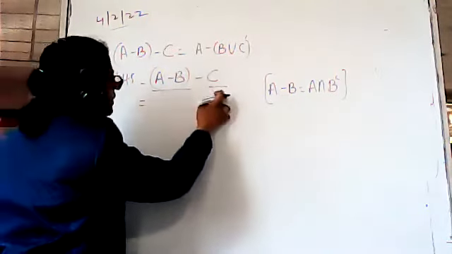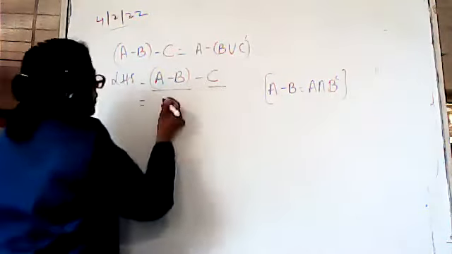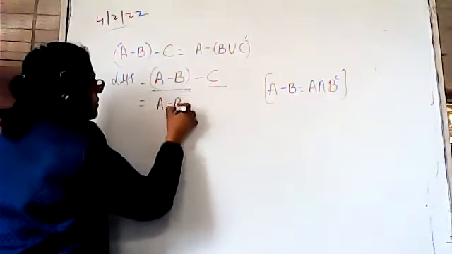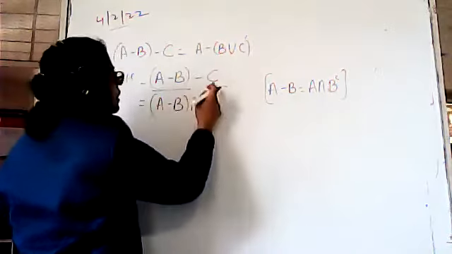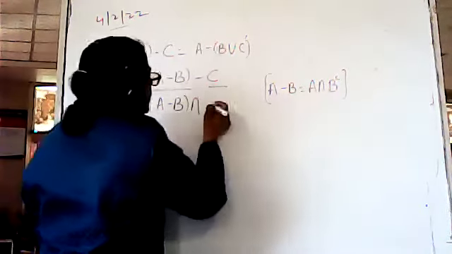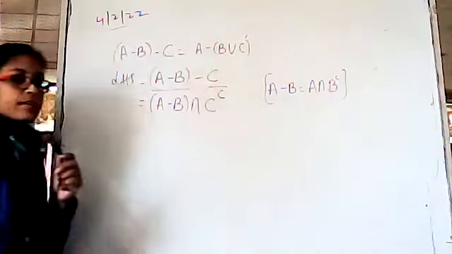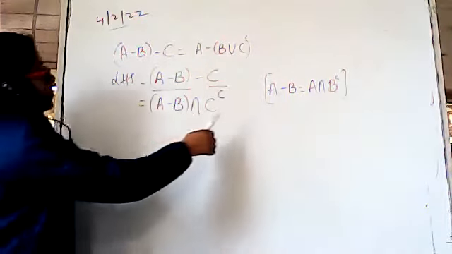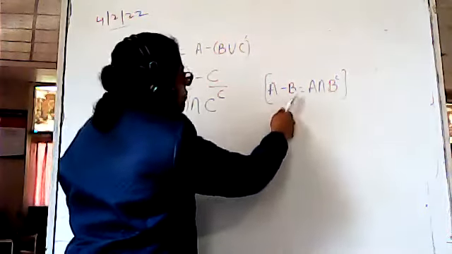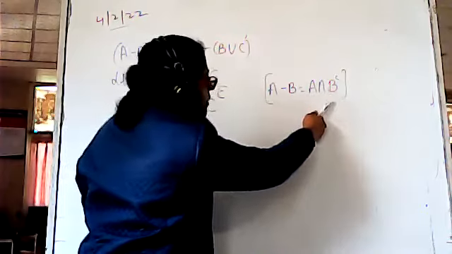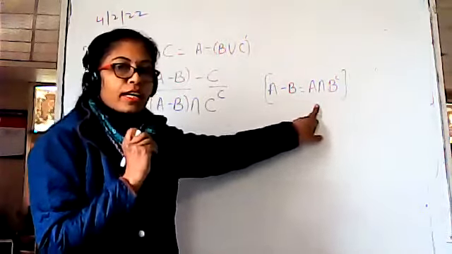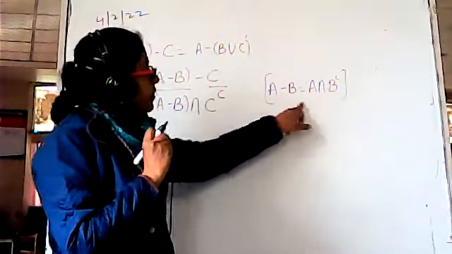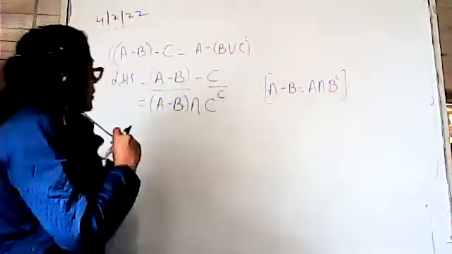So A minus B can be written as first set as it is, in the place of minus sign we will use intersection, and for the second set we will take the complement. Whenever we have A minus B, we can write A intersection B complement, or if we have A intersection B complement, we can write A minus B. Both ways implies है ये.